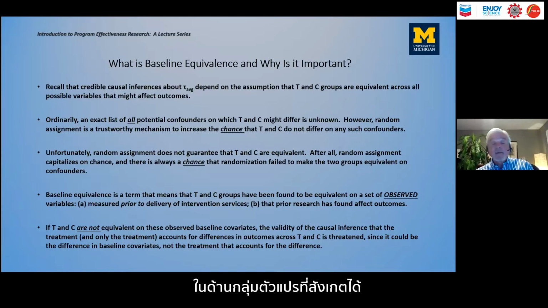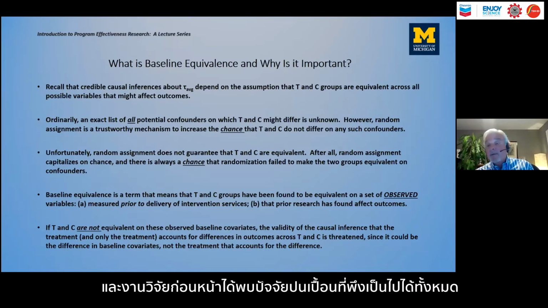on a set of observed variables that were measured prior to service delivery, and that prior research has found are potential confounders.